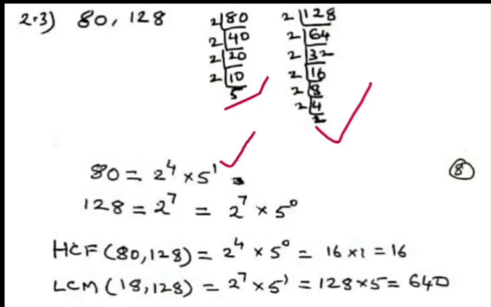Here 128 is written as 2 power 7 multiplied by 5 power 0. 5 power 0 is 1, so there will be no change in the value.